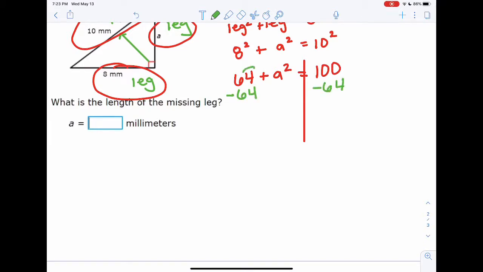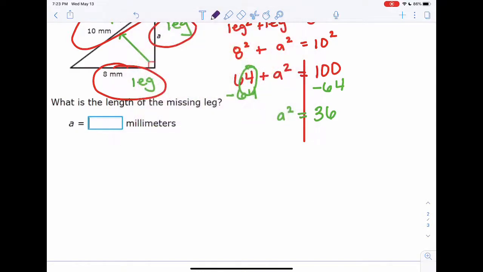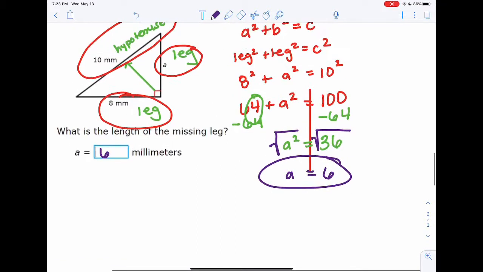So this is why it's so important we learn how to already solve equations, you guys. 100 minus 64 is 36. And our last step, take the square root. So here we get a equals 6. So our leg is 6 millimeters long.